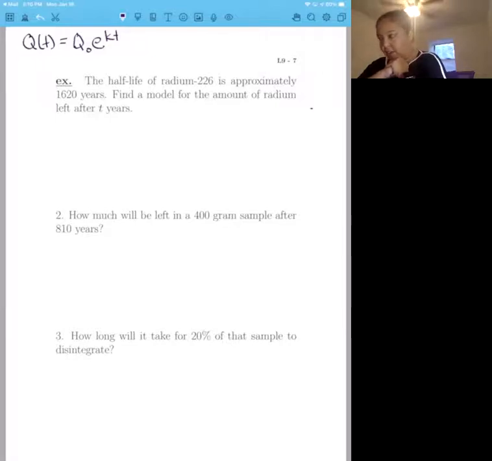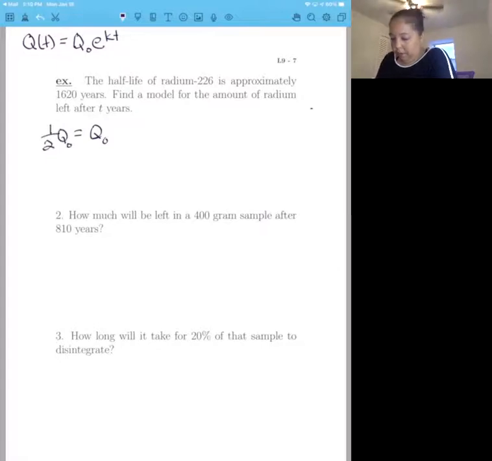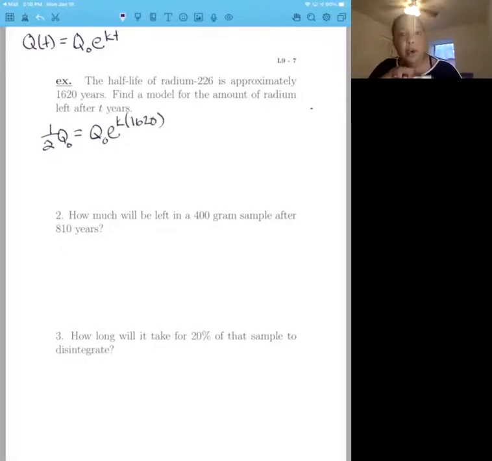They just tell us it takes 1,620 years. So if the original amount is Q naught, then half of Q naught takes 1,620 years. I don't know how big Q naught is. I just know that's how long it takes.